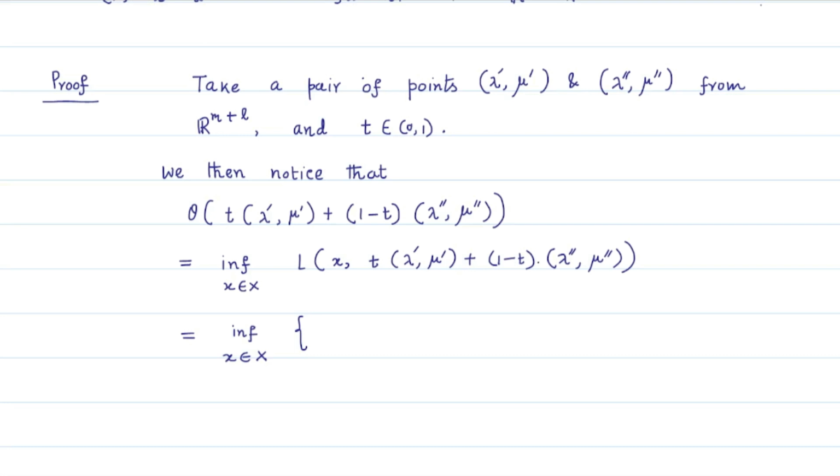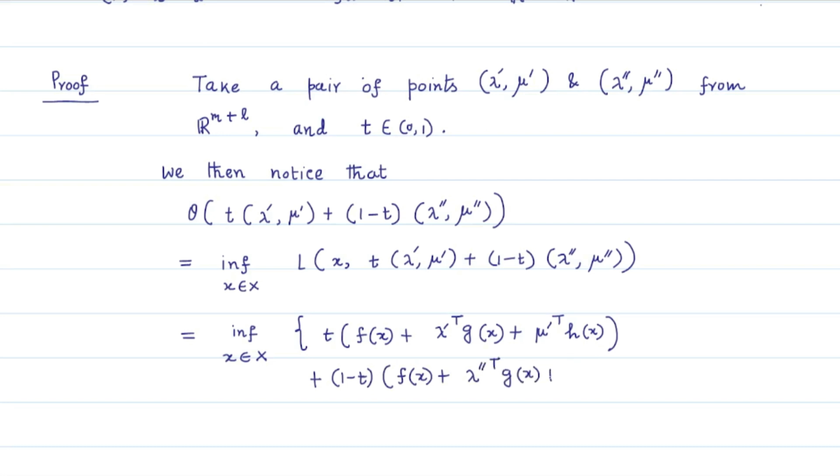This expression transpose the vector valued function g plus the vector valued function h times the vector t times mu dash plus 1 minus t times mu double dash, which can be written as, you just cross check, t times f(x) plus lambda dash transpose g(x) plus mu dash transpose h(x), this expression, plus 1 minus t times f(x) plus lambda double dash transpose g(x) plus mu double dash transpose h(x).